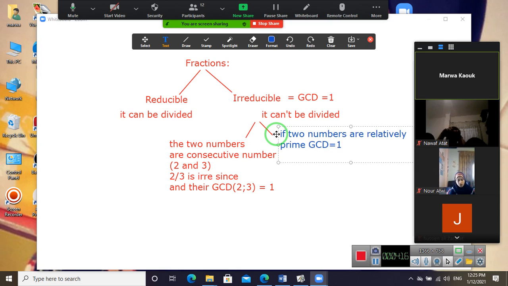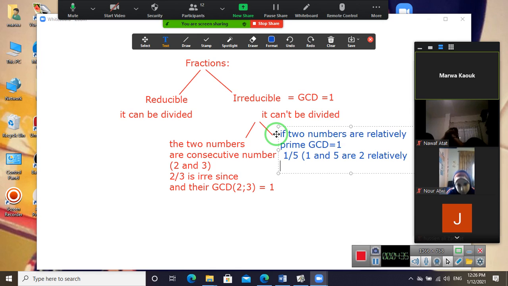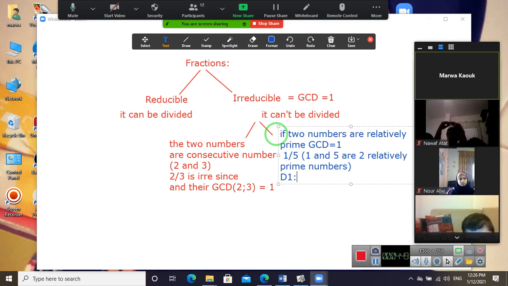For example, if I have 1 over 5, we can say 1 and 5 are two relatively prime numbers. What is the meaning of relatively prime numbers? That means there is nothing in common between their divisors, except the number 1. If I want to find the divisors of 1, or use the column method, it's all the same.